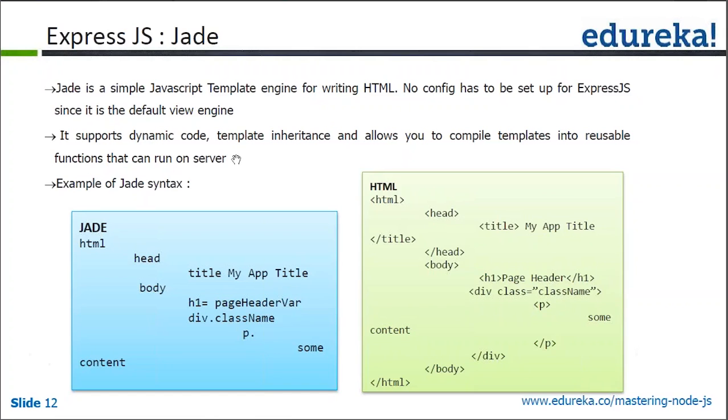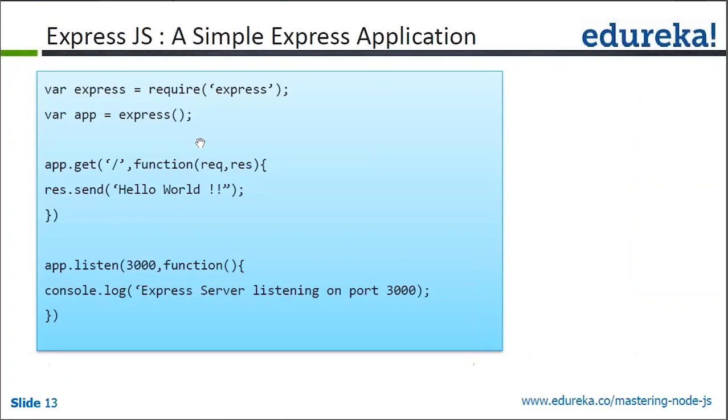Okay, so coming back to Jade, we've seen a simple Jade example where we convert a Jade view or template into HTML. This was a simple Hello World example, and now we are doing something a little bit more complex. As you can see over here, it requires express. We define a simple route.